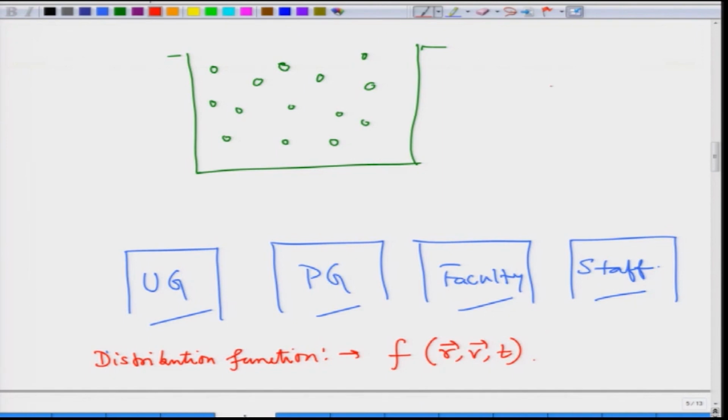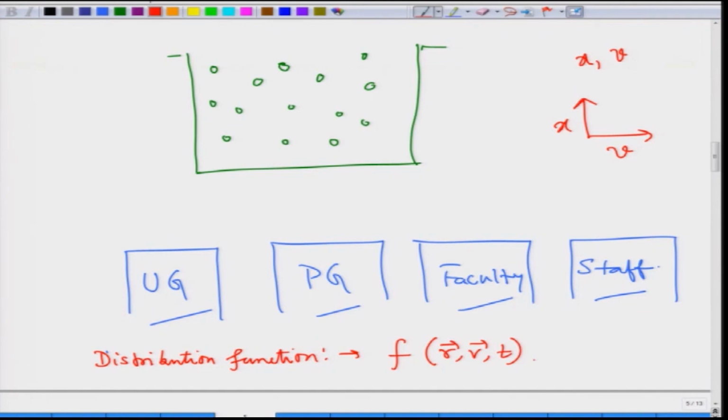Now, let me tell you for recapitulation, in case you do not know, just have a look. The phase space basically is a space where, for example, for a one dimensional case you have one particle which has a velocity v and position x. So, the phase space will contain a plot of x versus v.